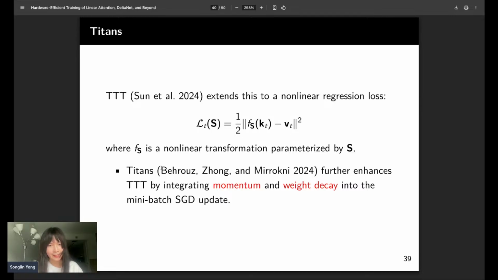But in Titans, they use SGD with momentum and a weight decay term to optimize this process. And we all know that the momentum term and the weight decay term have been widely used in stochastic gradient descent optimization, and this is why they can achieve better performance. So they have a better optimizer to optimize this more complicated objective function.